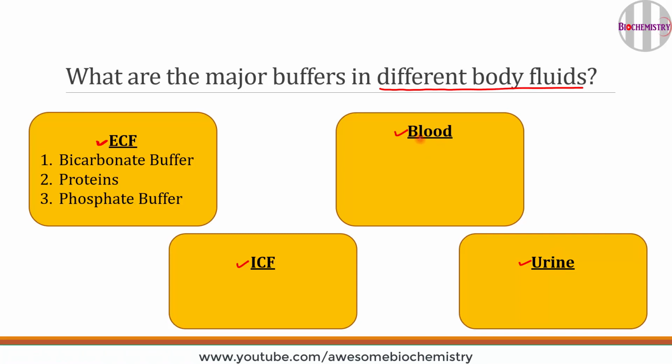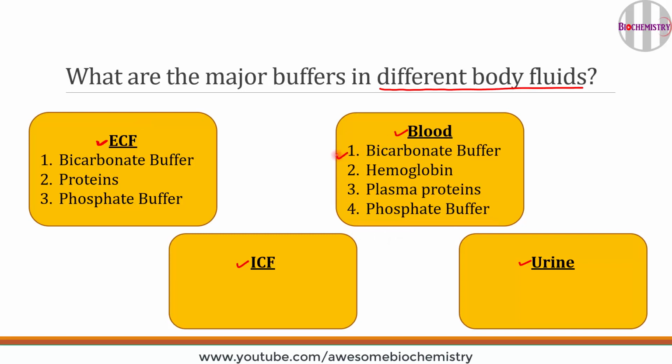In case of blood, it is almost similar to extracellular fluid. Here again, the most effective buffer is the bicarbonate buffer and the least effective buffer is the phosphate buffer. You can see in the extracellular fluid, the most effective is the bicarbonate and the least effective is the phosphate. On the middle rank, there are proteins as a buffer in extracellular fluid.